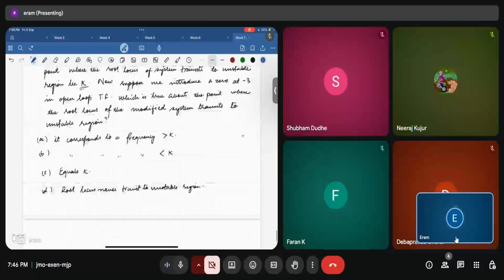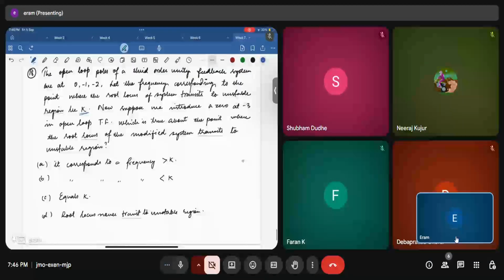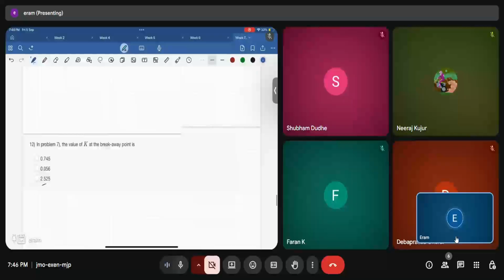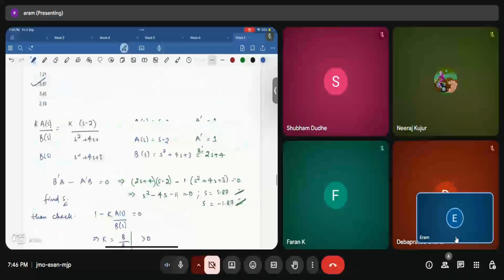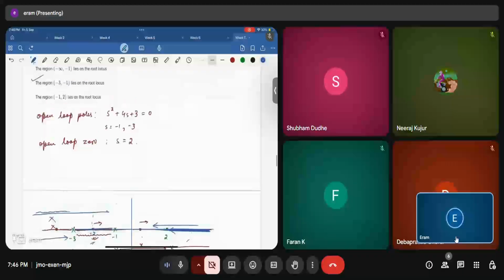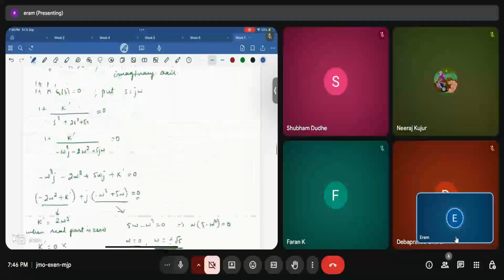If you have any doubt, we can discuss or you can ask. And the other question that we have left about the asymptote, that also we will see in the next session. So we will start our next session with these two questions only, and then we will discuss further questions.